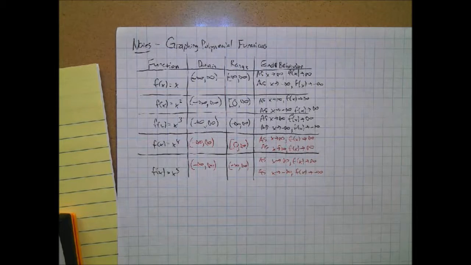So what do you say, Arshia? Okay, so the odd powers, we can break them into one category, because they all have the same domains, the same ranges, and their end behaviors are also all the same. Okay?